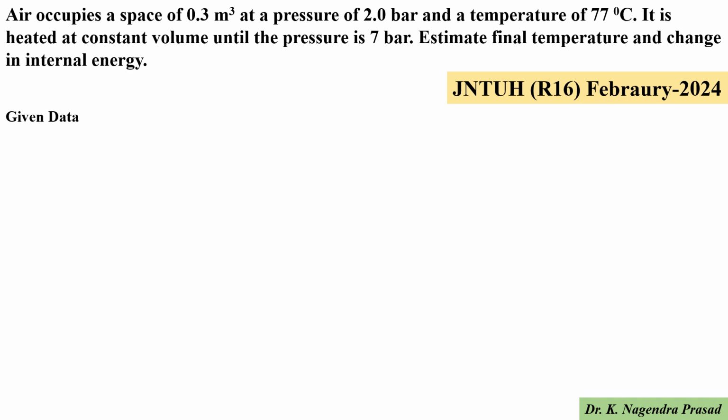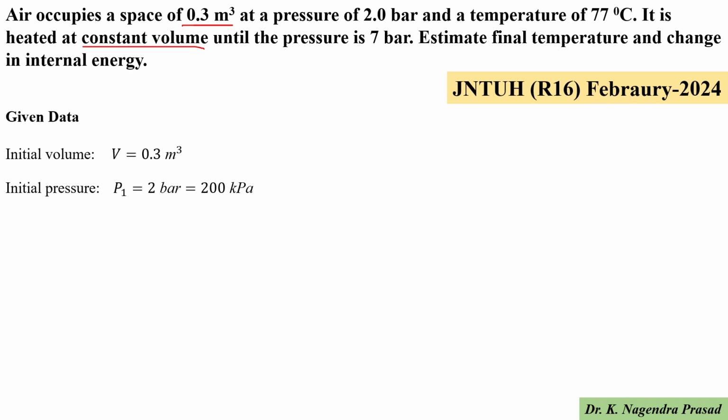Before that, we have to see the given data. Here the process is the constant volume process. So volume is constant, which is V1 equal to V2 equal to V, which is equal to 0.3 meter cube. And the initial pressure is given, 2 bar.